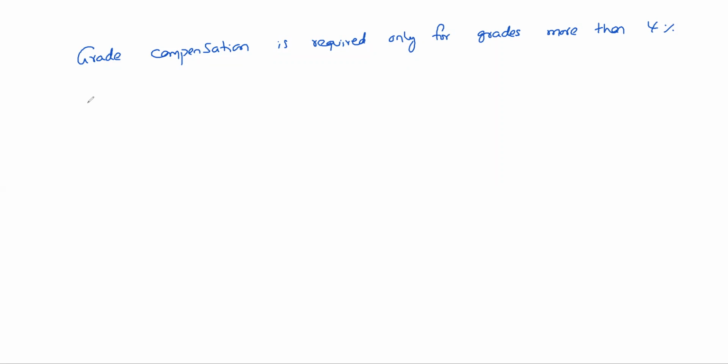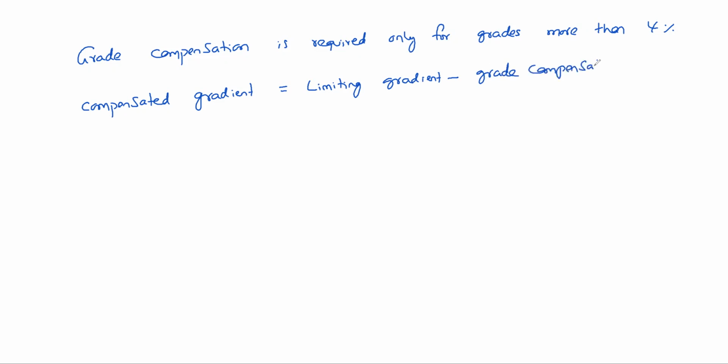And compensated gradient equals limiting gradient minus grade compensation. That is the compensated gradient. Below 4% we won't do any grade compensation.